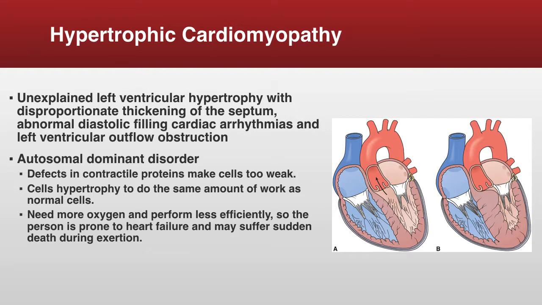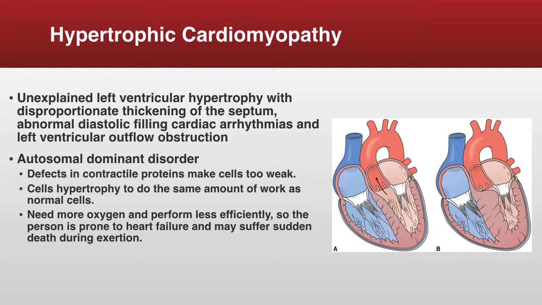The best way of thinking about this is, in the picture, the normal heart is on the left, and you can see that the left ventricle is much more muscular than the ventricle on the right side of the heart.